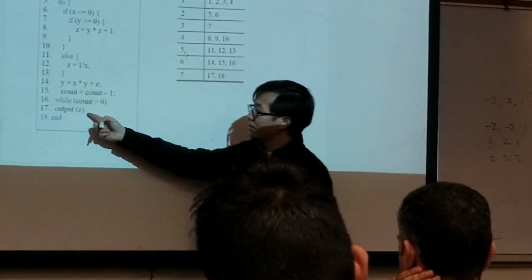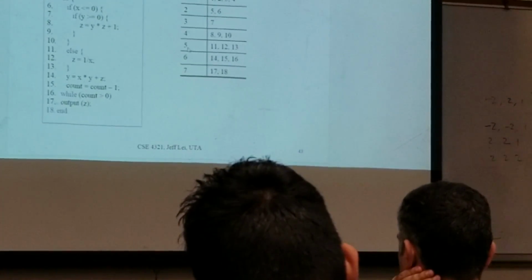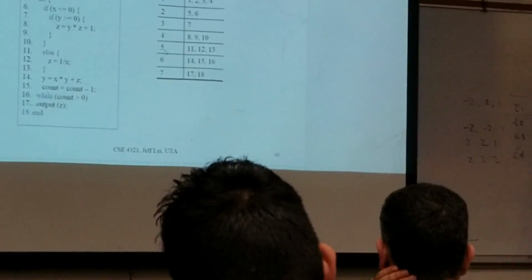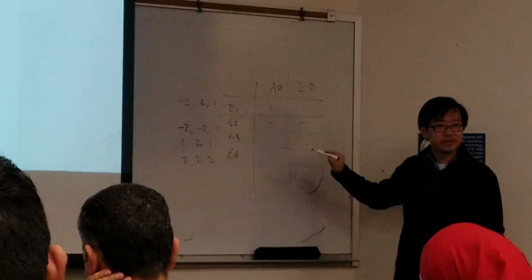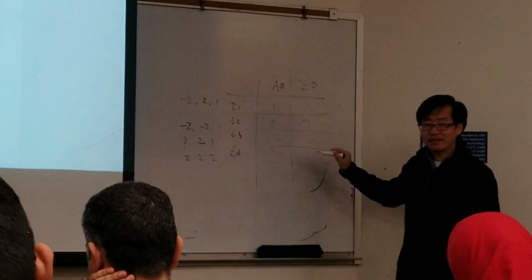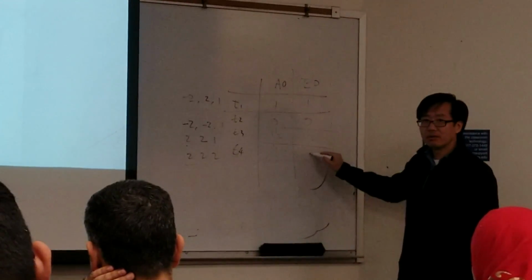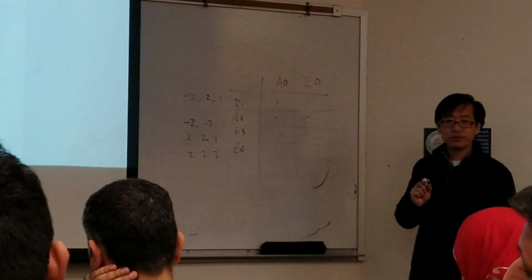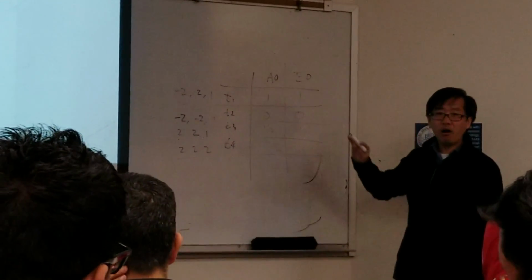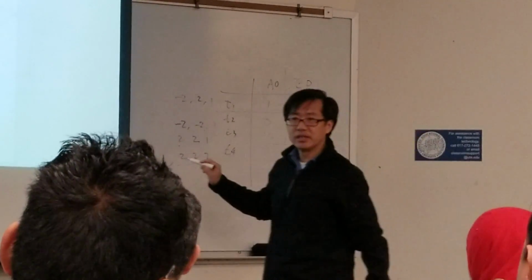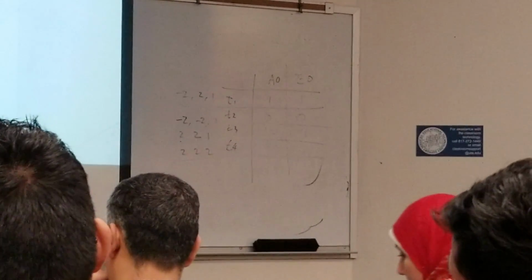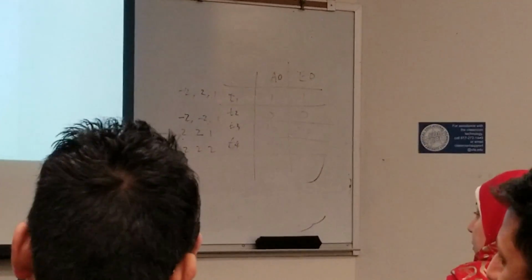The actual output would be 1 over 2, and the expected output will also be 1 over 2. So for all the test cases you have here, you get the expected output.